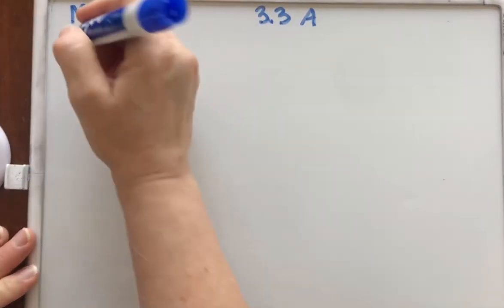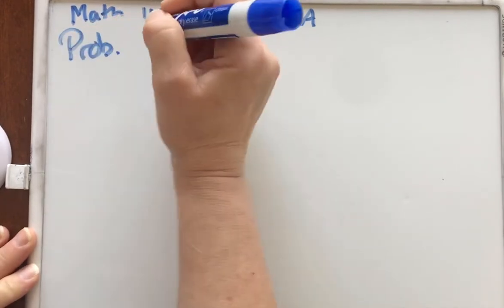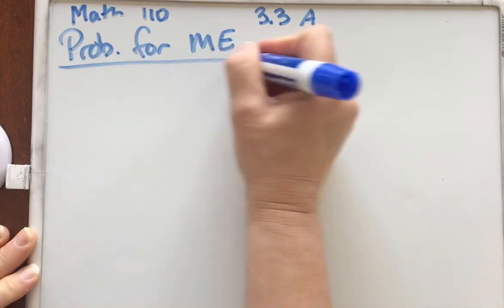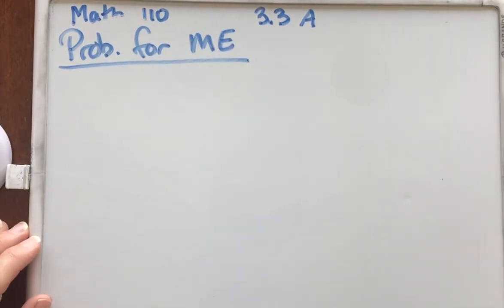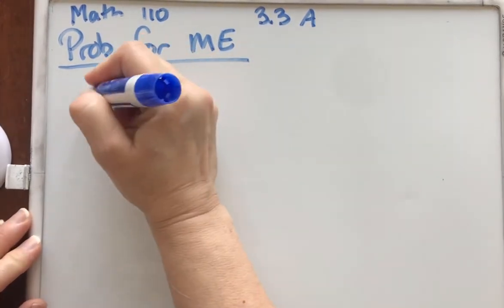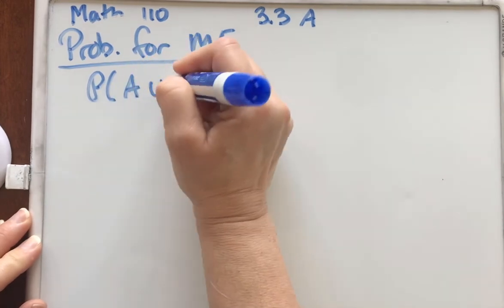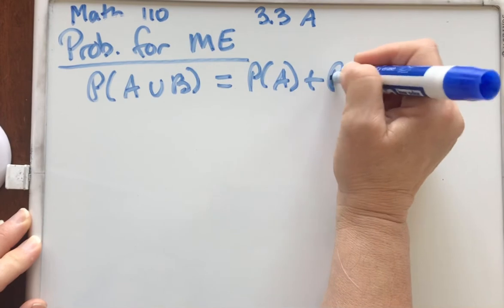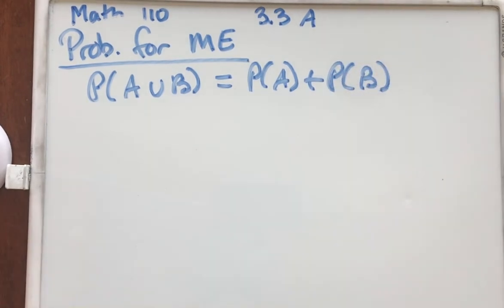Okay, we have some probabilities, some little formulas for mutually exclusive and not mutually exclusive. Probability for mutually exclusive: P of A union B equals P of A plus P of B. So we add the two probabilities.